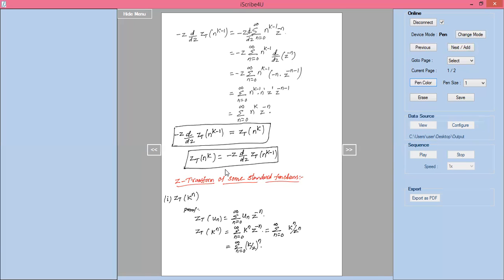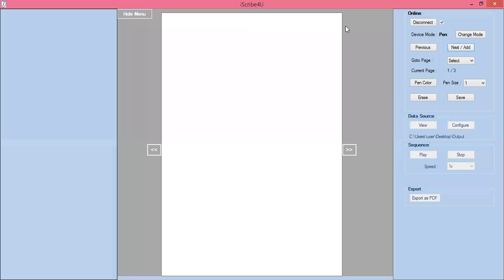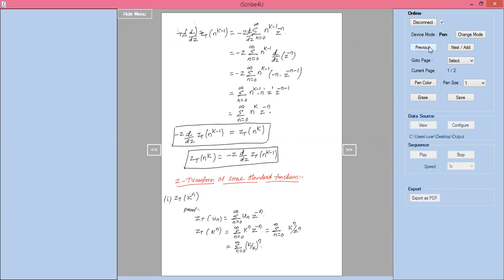Now if you expand this, z transform of k power n equal to the summation with k by z.